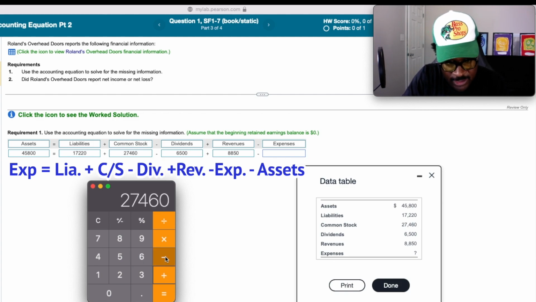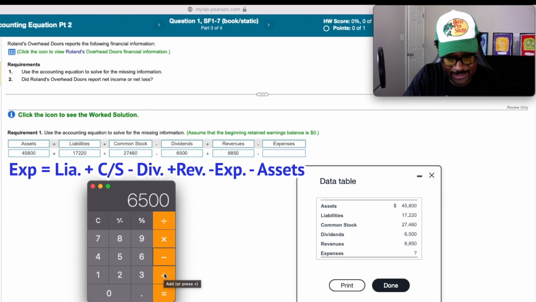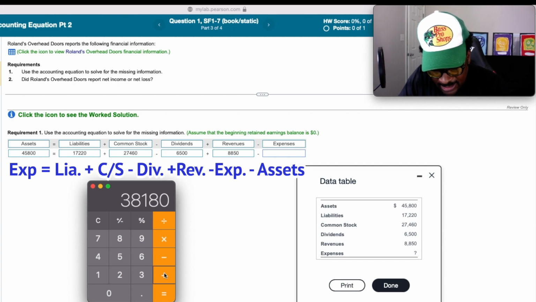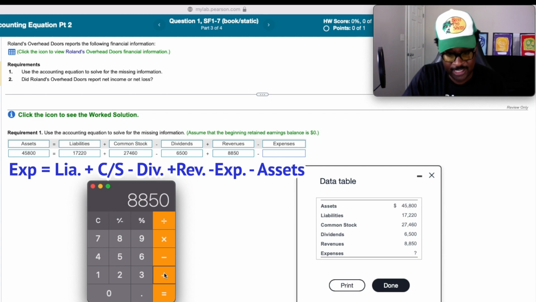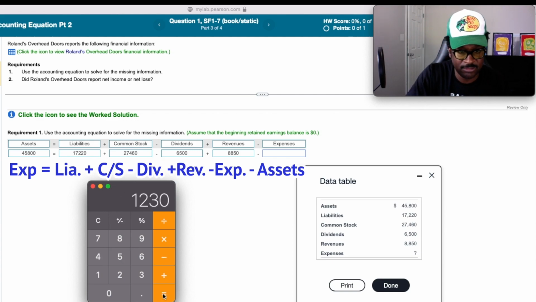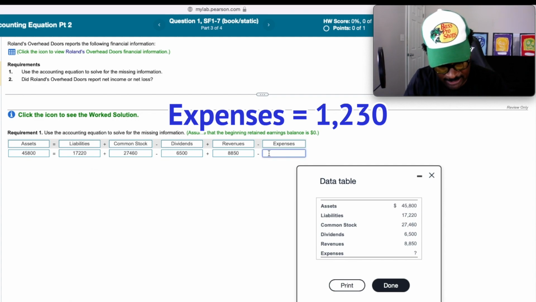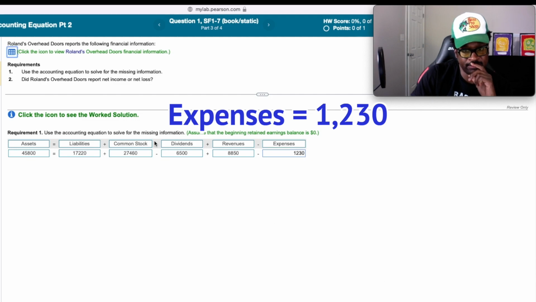We're gonna subtract our dividends, which is 6,500. We're gonna add our revenues, which is 8,850, and we're gonna subtract, by transposing our assets to the other side, 54,800. And so that gives us an amount of $1,230. That will be our expenses again, $1,230. And that should be it.